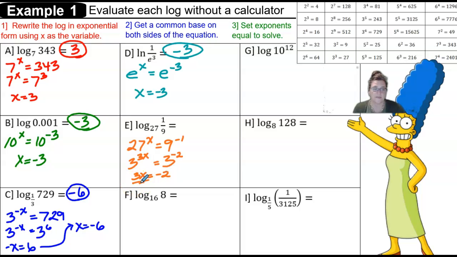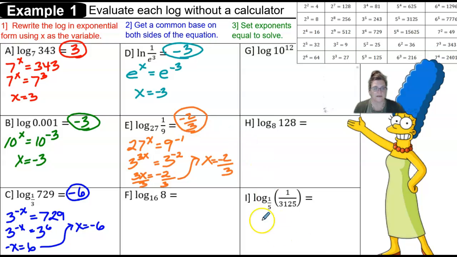Then I'll divide both sides by 3, and x is equal to negative 2/3. So that means the log base 27 of 1/9 is equal to negative 2/3.